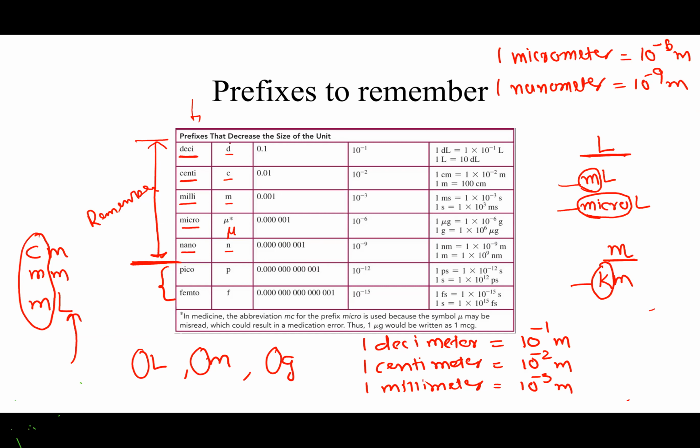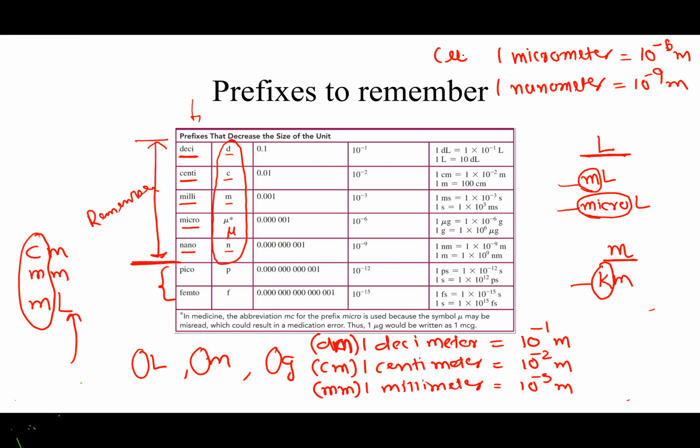Again, remember, all of these prefixes have a small letter symbol. So instead of writing decimeter, we can say dm. Instead of writing centimeter, we can say cm, right? mm.